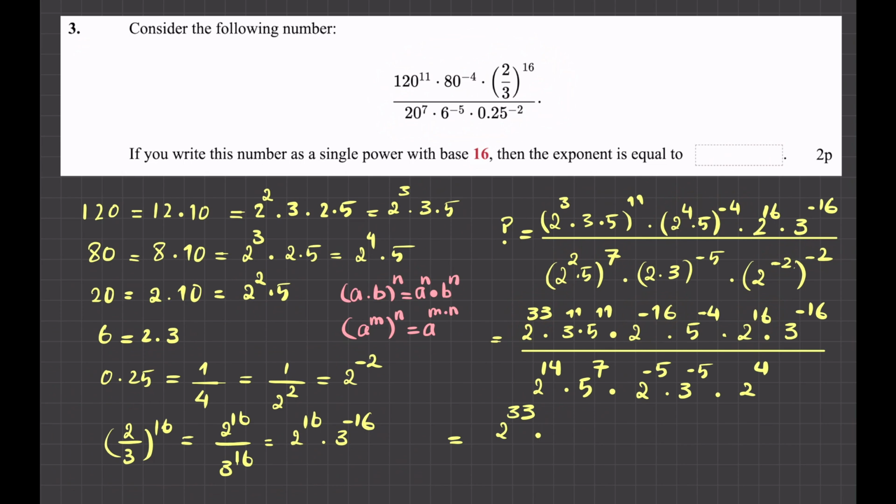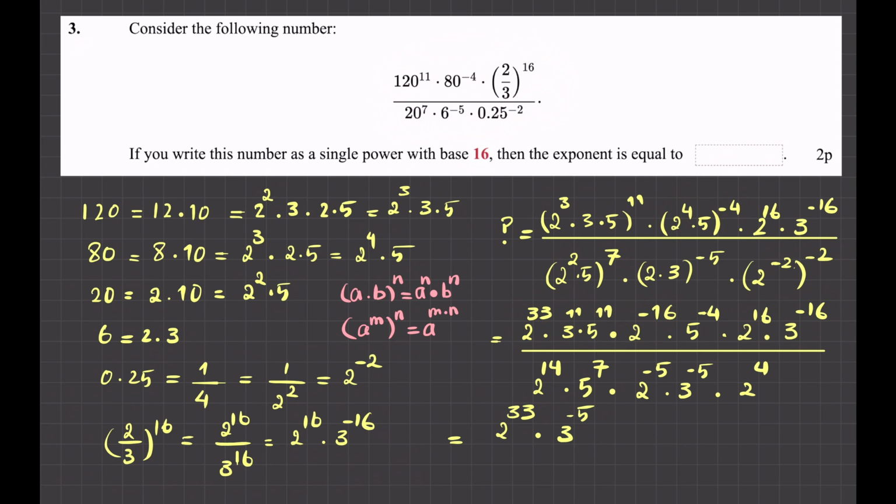What about 3? 3 appears here with exponent 11, and 3 appears here with exponent minus 16. The bases are the same. I am multiplying them, so I write the base and then I add the exponents. The exponents are minus 16 and 11. If I add them, 11 plus minus 16 is actually minus 5.